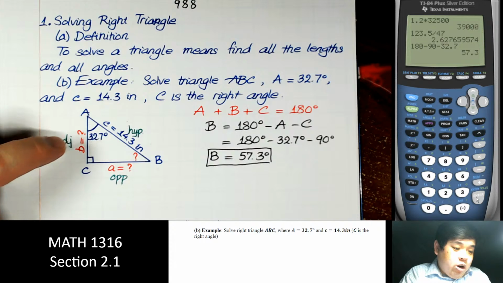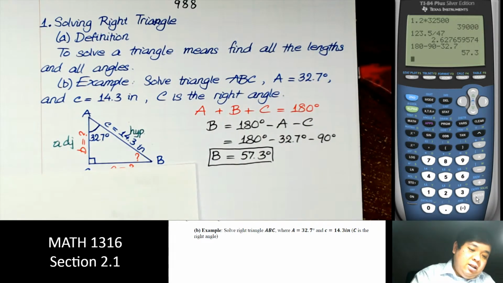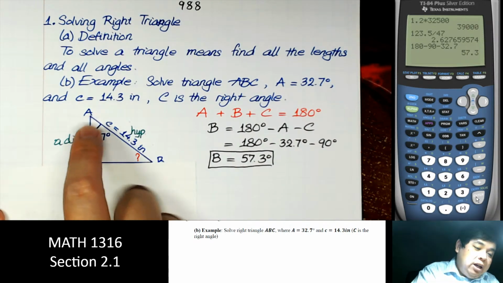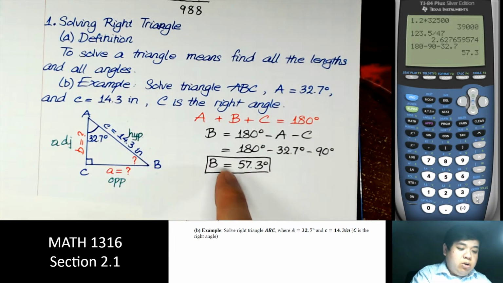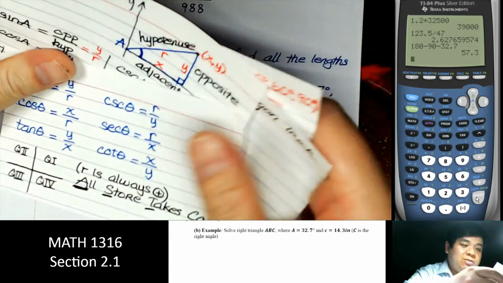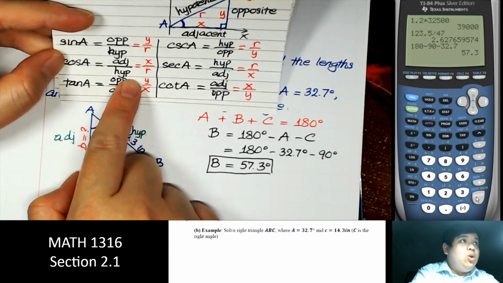Right, I say we're trying to find B and we're trying to find A. Let's try to find B first. To find B, with respect to angle A, we have adjacent and hypotenuse. So what ratio has adjacent and hypotenuse? Adjacent and hypotenuse, that is cosine.